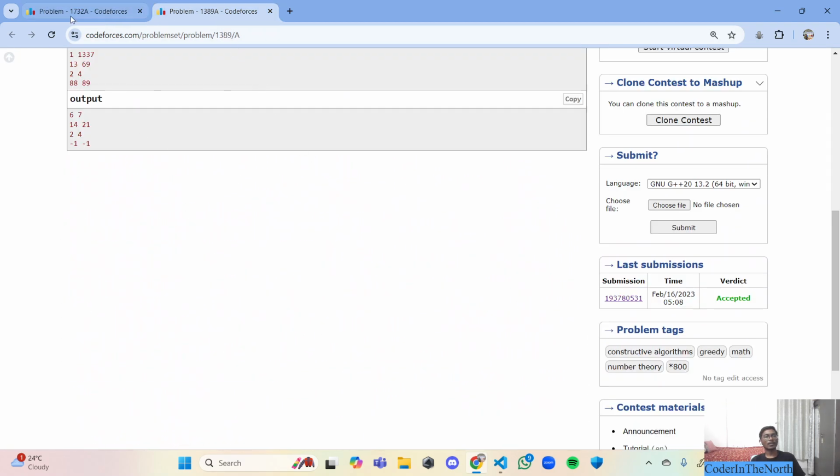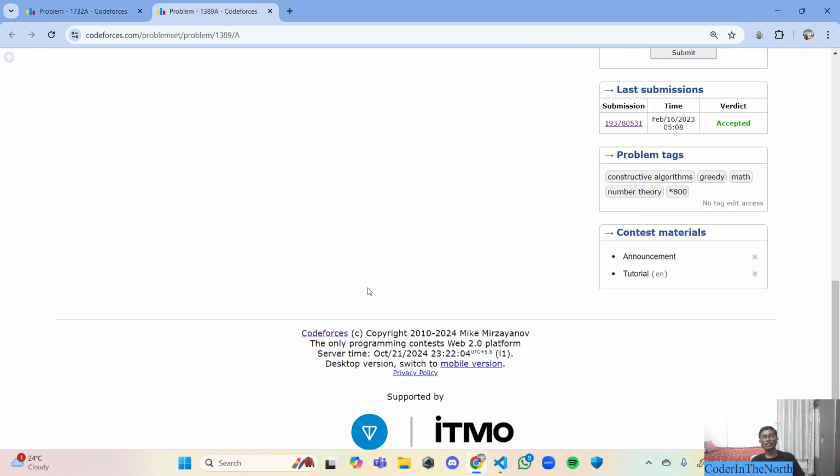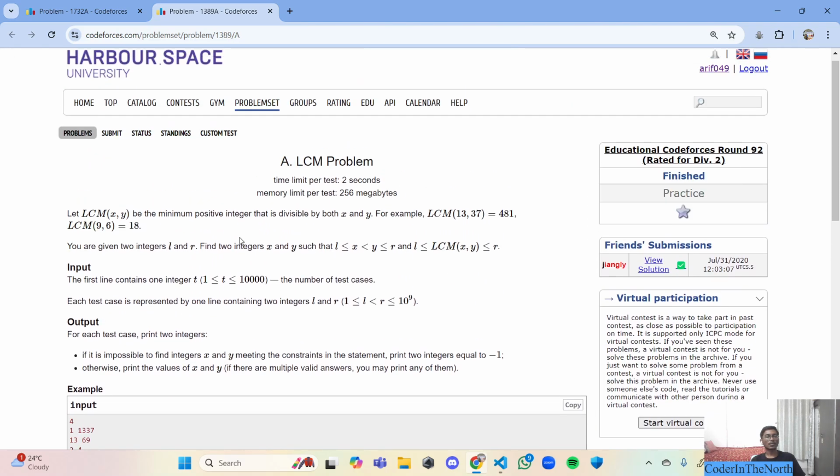We'll solve these two problems. This one is less rated, so we'll solve this first. The question is: let LCM of x comma y be the minimum positive integer that is divisible by both x and y. Here's the definition of LCM.